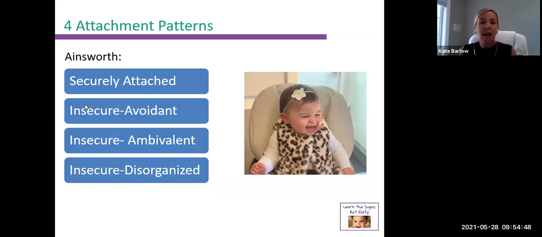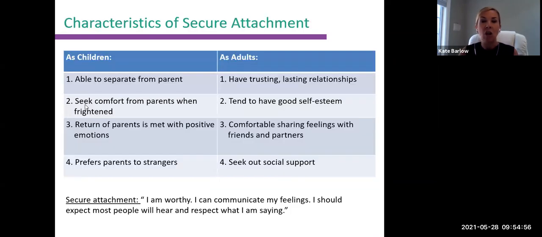And so Ainsworth has described 4 different attachment patterns that develop from children. And we are going to take a look at each of those different patterns. So the first one would be a secure attachment. And what would that look like? So a child with secure attachment is able to separate from a parent. And as an adult, they will have trusting, lasting relationships.